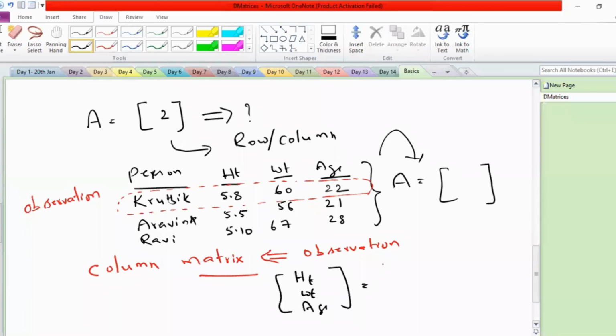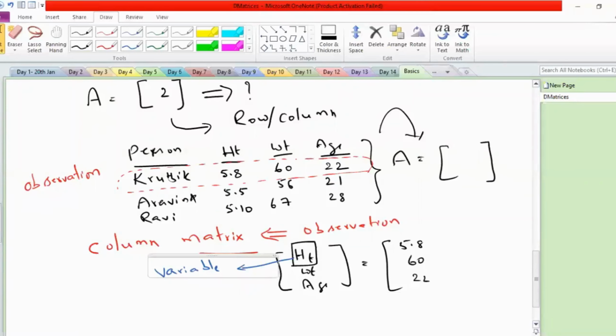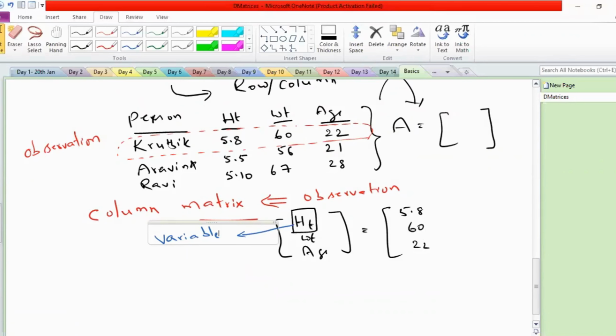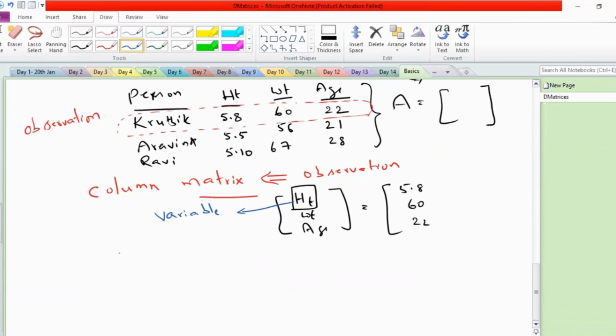Suppose for Krutik, I'll specify something like this: 5.8, 60, 22. But each one is a variable. Hope you are clear with this definition. Which one is a variable? Which one is an observation? Okay, now let us move on.